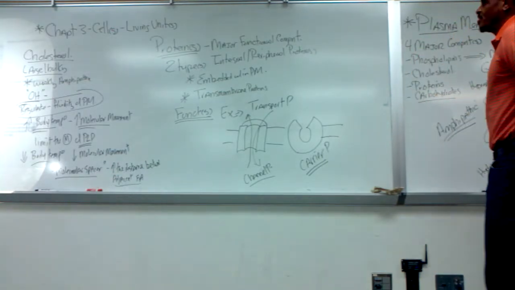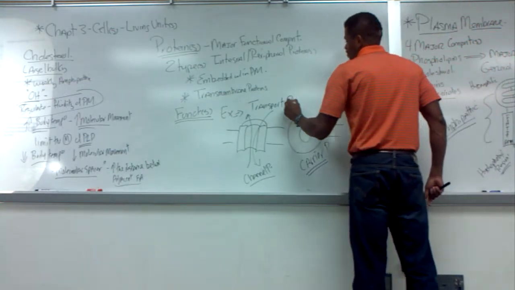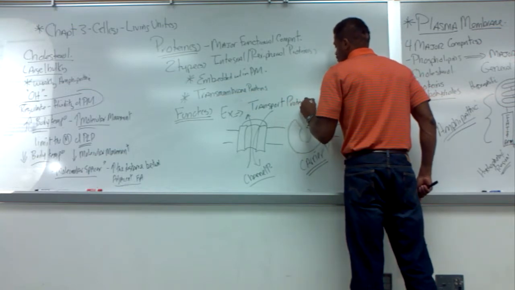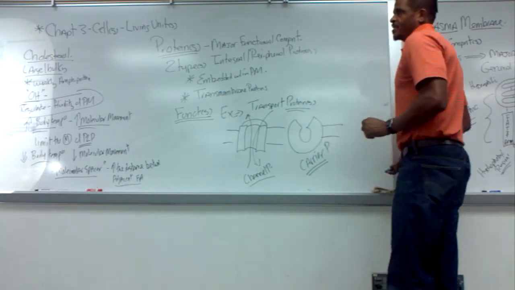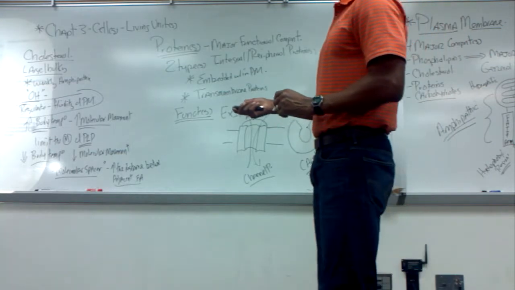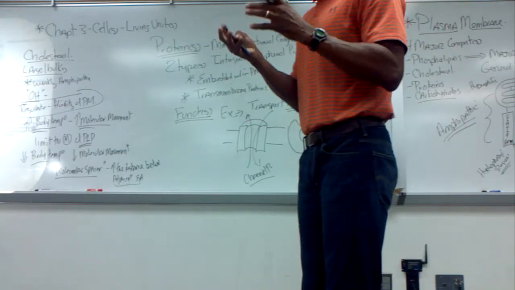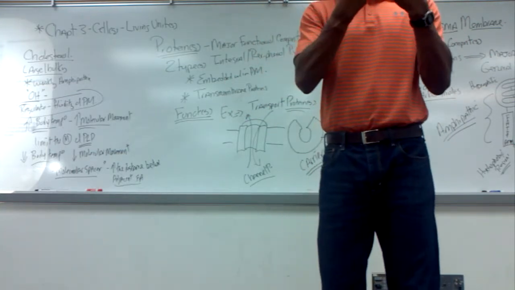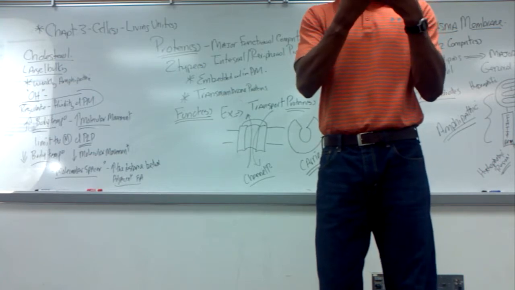So we have transport proteins. We have what are called CAMs, or cell adhesion molecules, which allow adjacent cells to form cell junctions, to link cells together to form our tissues.